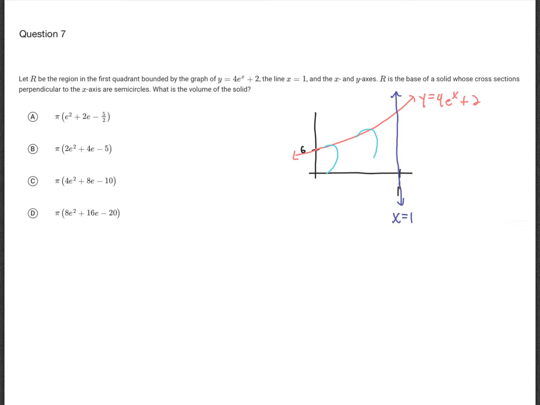These are all semicircles. So we'll do the same thing. First off, cross sections are perpendicular to the x-axis, so everything will be in terms of x. Our region goes from x equals 0 to x equals 1, so those will be our limits.